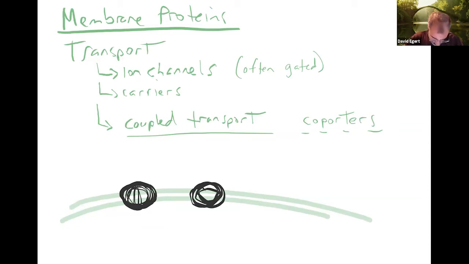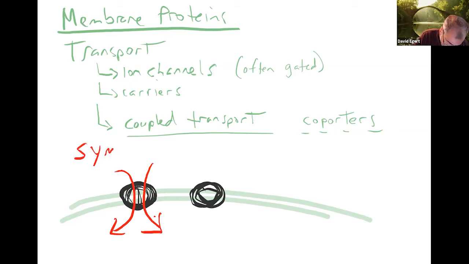Like some of them are what we call coports. They're both going in at the same time. You can have, not a coport, I'm sorry, symports. Symport is if they're both going in at the same time.